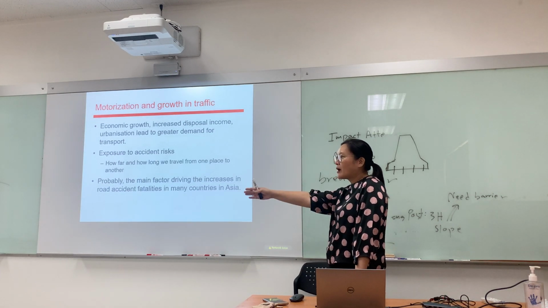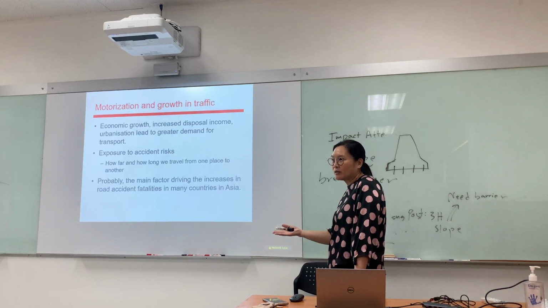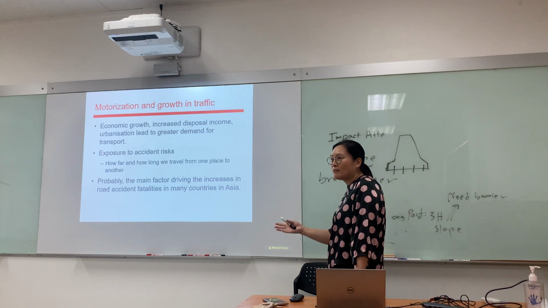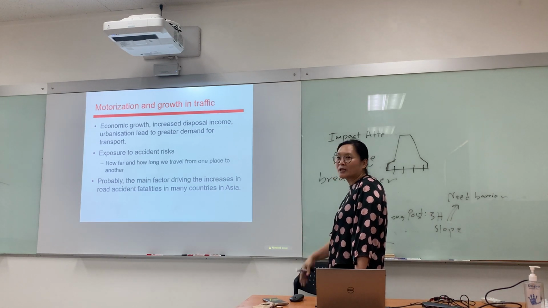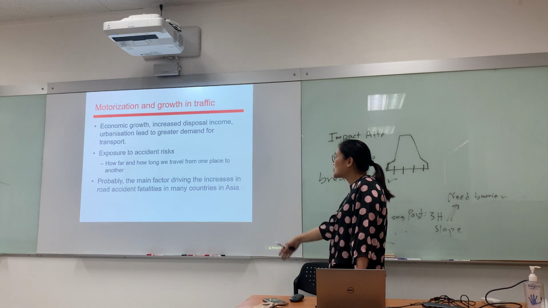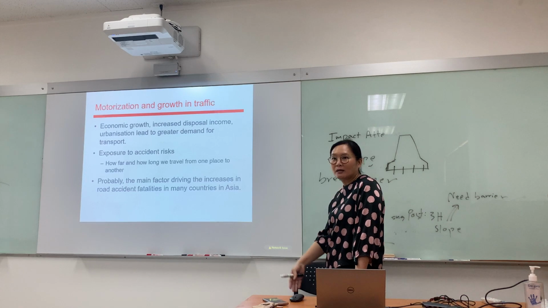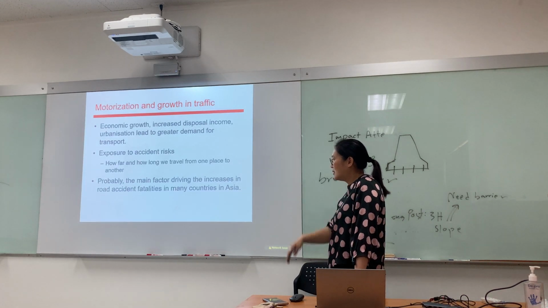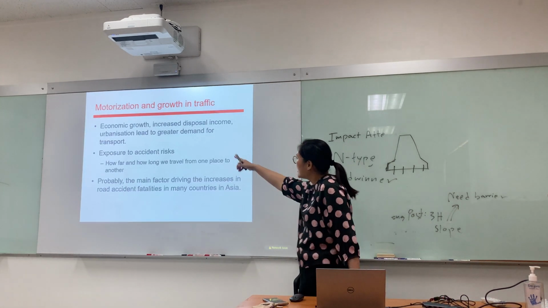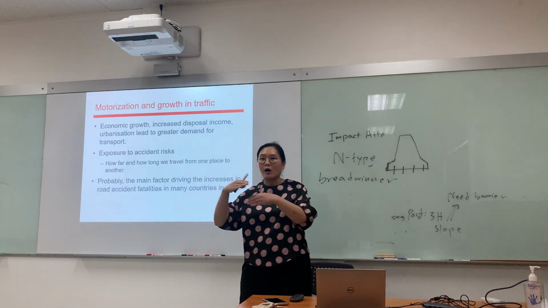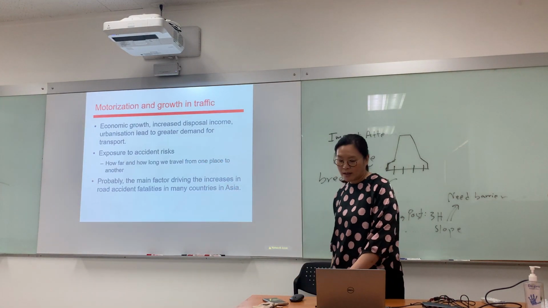The further we travel, the higher the exposure. The longer and more often we travel, the more exposure to accident risk. So that's why many countries in Asia have more road accident fatalities, because we are in the stage of economic growth. Okay.